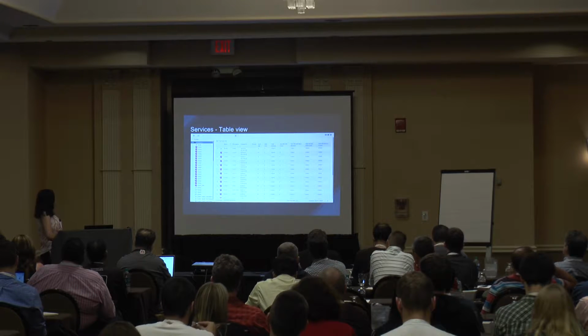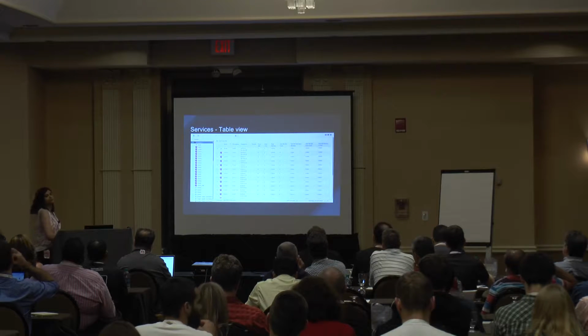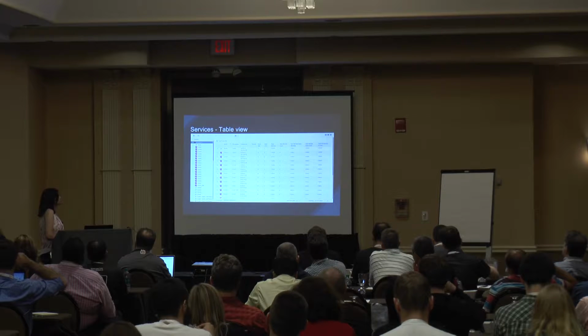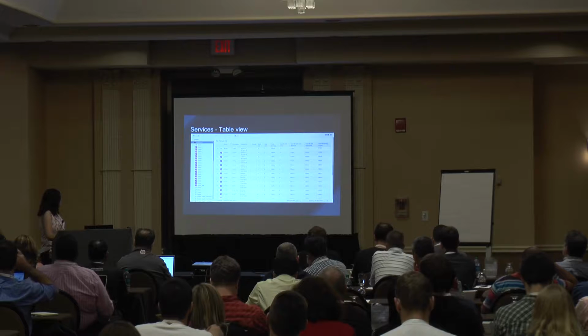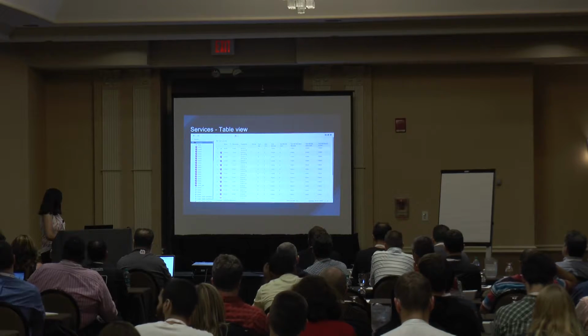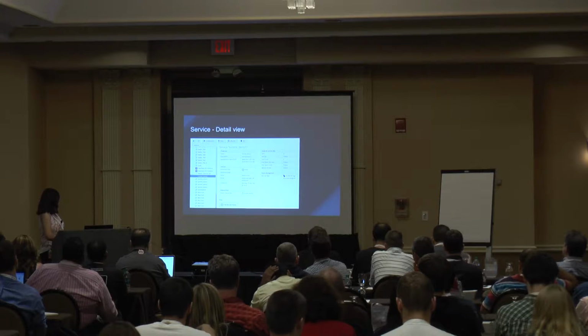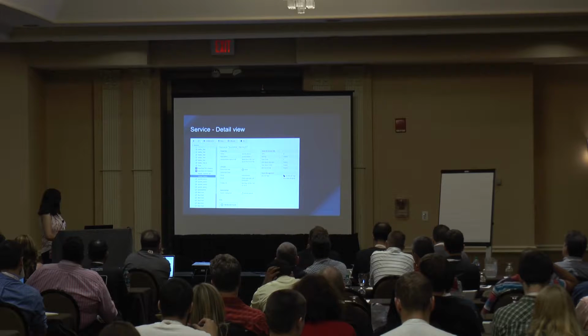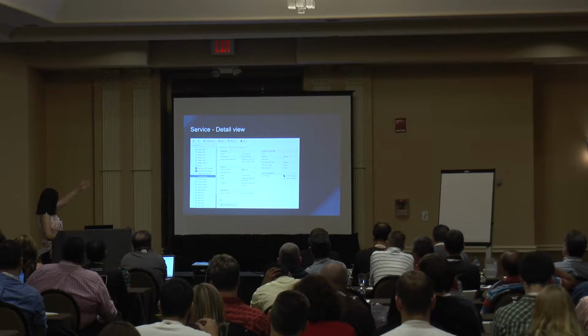That's the list of all services. So once the service is provisioned, you can go and see them in the all services area in the existing Ops UI. That's a service detail view. You can perform certain tasks from the toolbar up there.